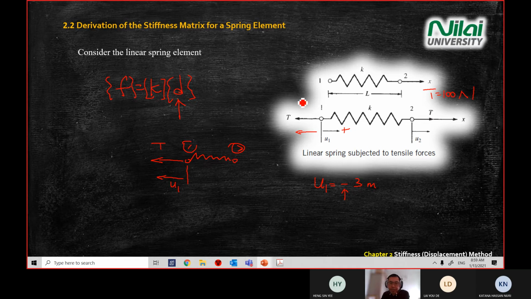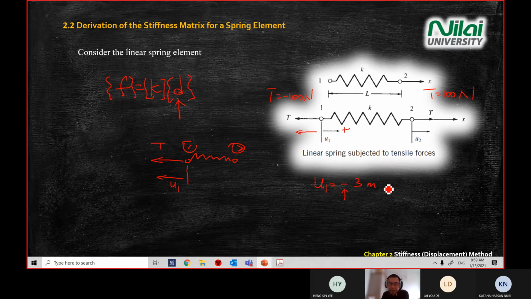Your T value is negative 100 Newton, because it is the opposite direction of your x axis. However, when it comes to displacement, in the diagram, before you do any analysis, you simply give an assumed direction. Let's say you assume your U1 is to the left, and you do your analysis. At the end, you get U1 equal to negative 3 meter.